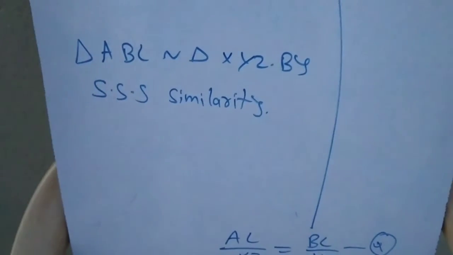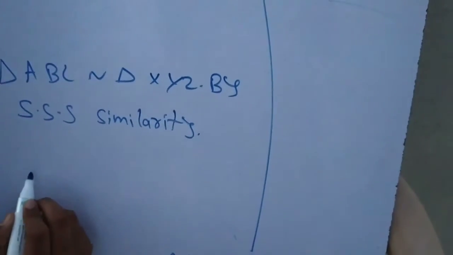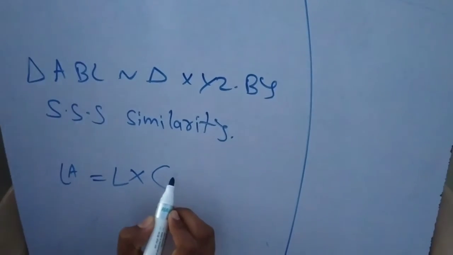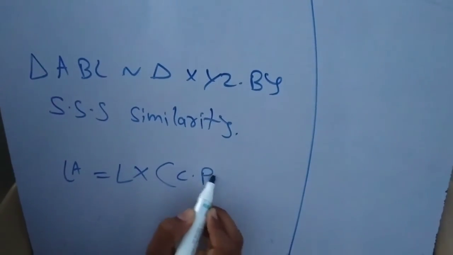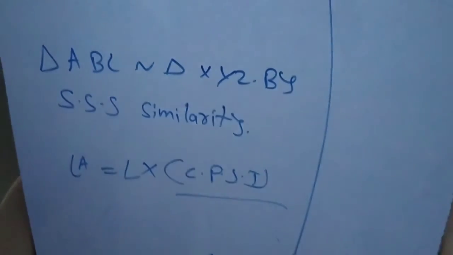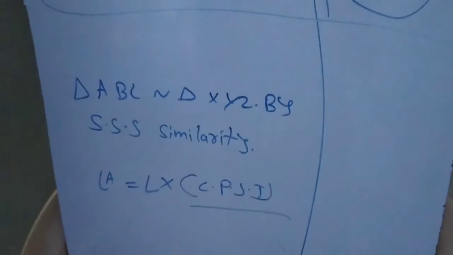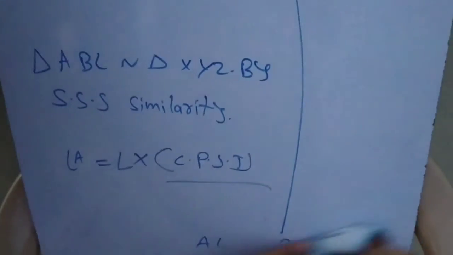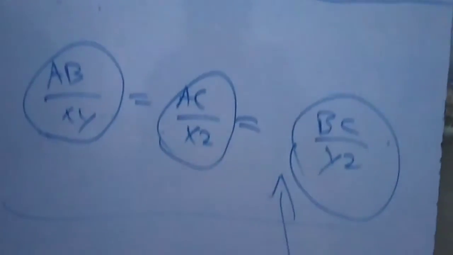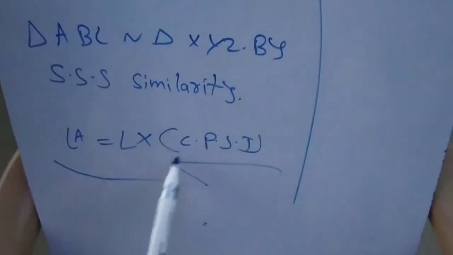From this conclusion we can write that angle A is equal to angle X because of CPST. The full form of CPST is corresponding parts of similar triangles. So finally, the RTP is angle A is equal to angle X. So once again, see here, angle A is equal to angle X is proved.